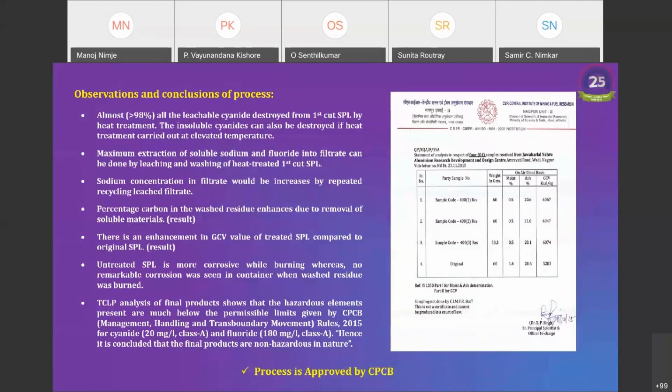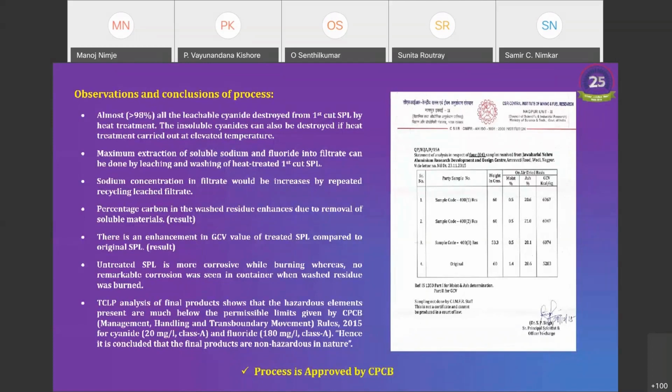The insoluble cyanide can also be destroyed if treatment is carried out at elevated temperature. The maximum extraction of soluble sodium and fluoride into the filtrate can be done by leaching and washing heat-treated first cut SPL sample. The sodium concentration in the filtrate can be increased by repeated recycling of leach filtrate.